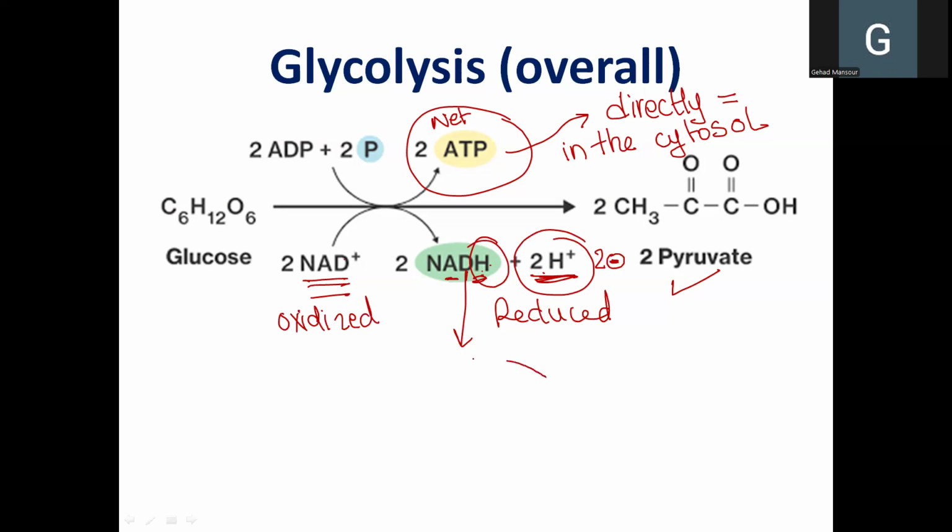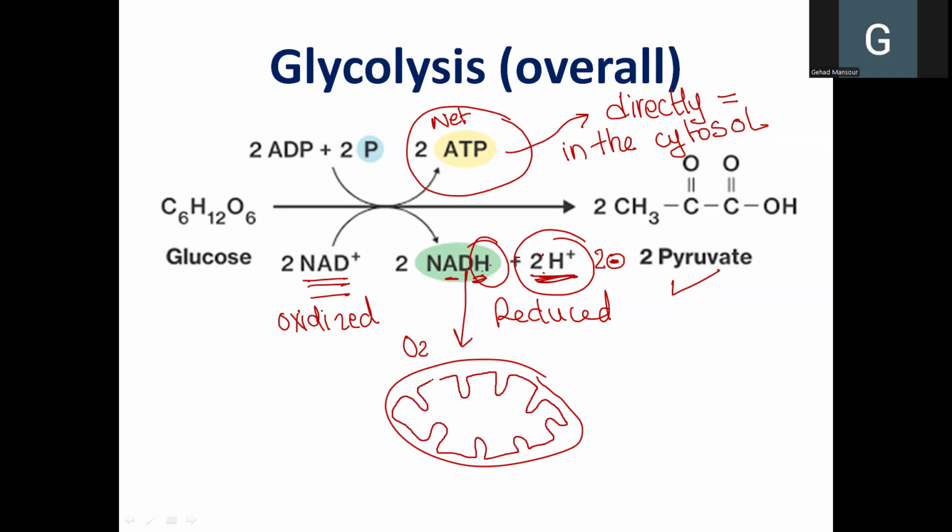And these will go to the mitochondrion in case oxygen is present. So in case oxygen is present, these 2 reduced NAD will go to the mitochondrion and will deliver their electrons to the electron transport molecules on the inner mitochondrial membrane.